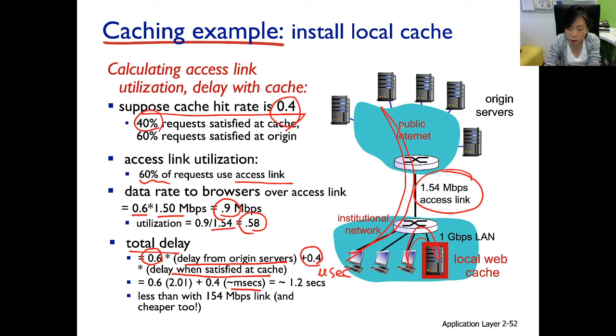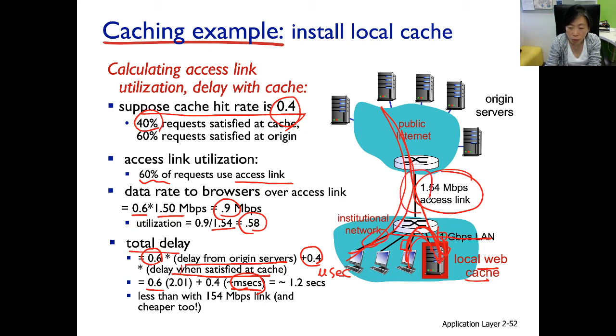If we go out, request the object, it comes down to the web cache, and then the web cache serves the local client, we have one copy down here and another copy down this way. So the traffic on the LAN could potentially be higher. So let's use milliseconds just to be safe and take that extra traffic into account. Now, for the 60%, we'll have to go out and back, so this is very negligible.